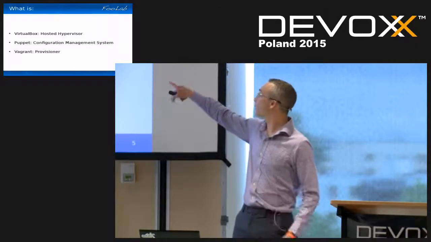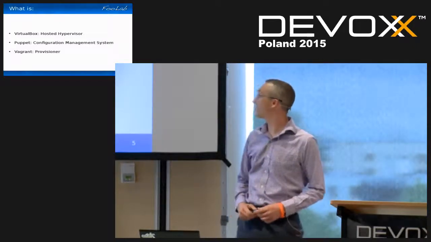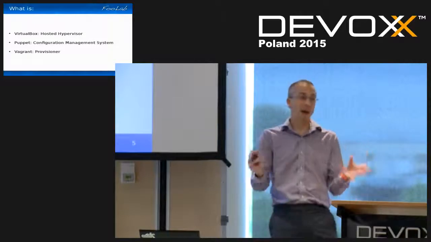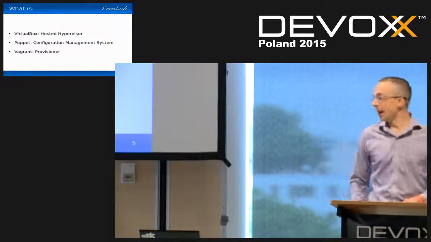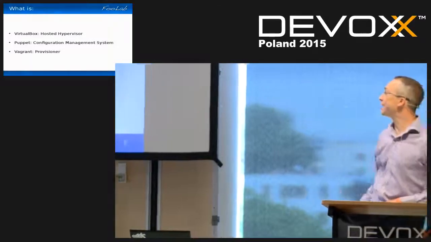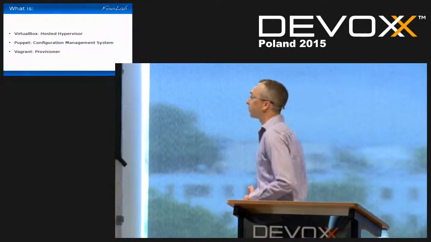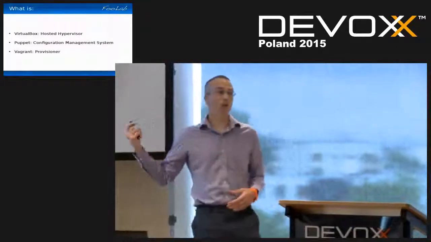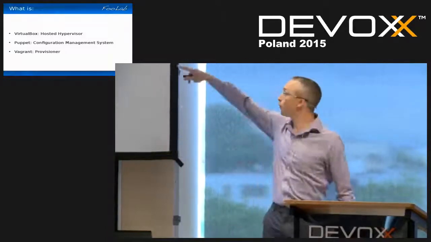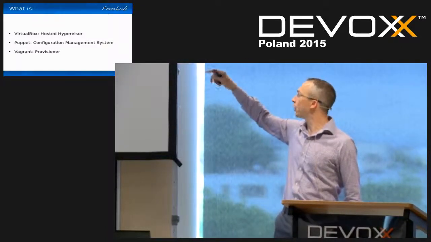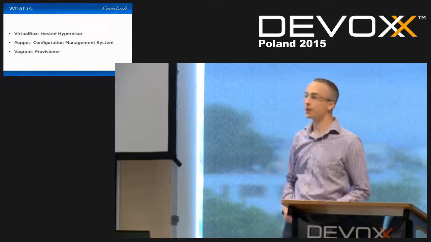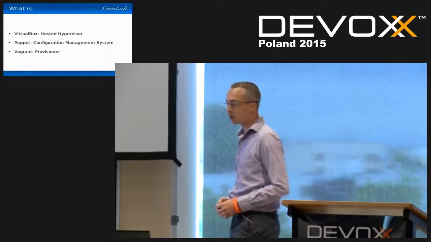And Puppet is a configuration management system. It has all your manifests, all your scripts, and those are actually going to be executed by Vagrant, the provisioner. The provisioner is going to use the VirtualBox API just to apply the Puppet scripts on the virtual machine that you created.